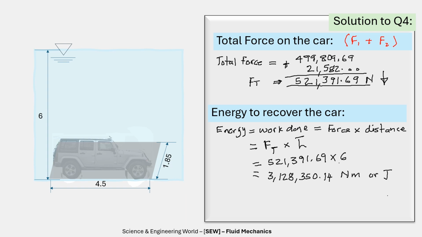Writing this in engineering notation, now I have 3.128 times 10 to the power 6 joules.